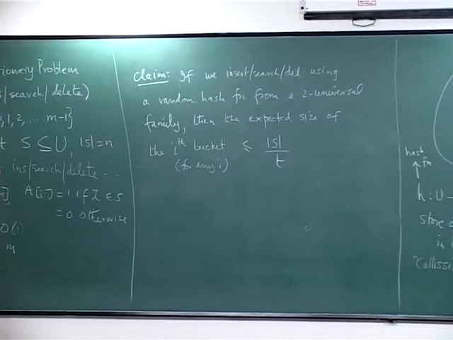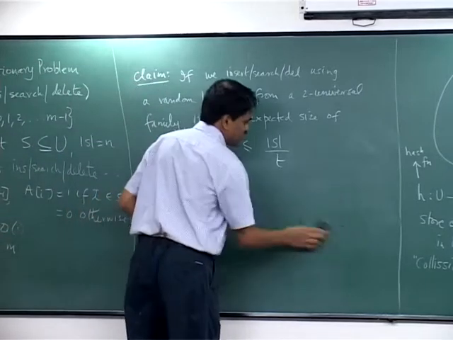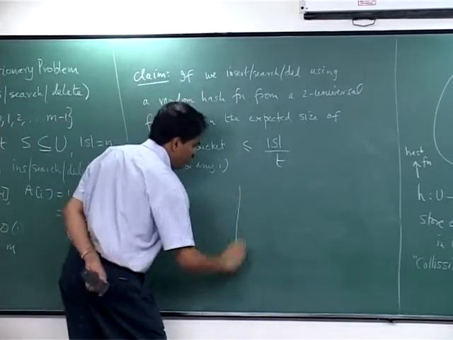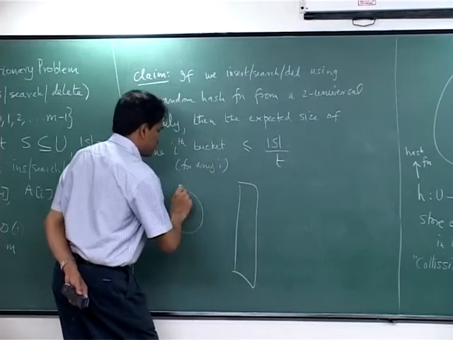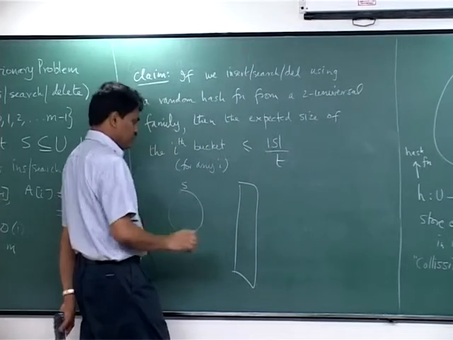It just follows from the first property of the 2 universal family, because what am I doing? I am taking my set S and mapping it here, right?